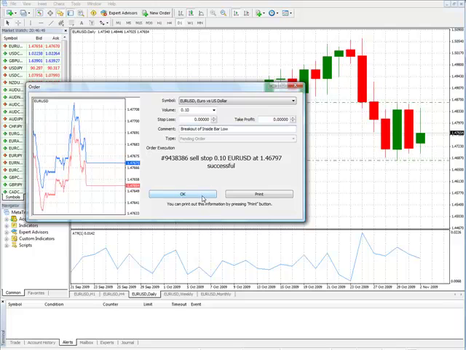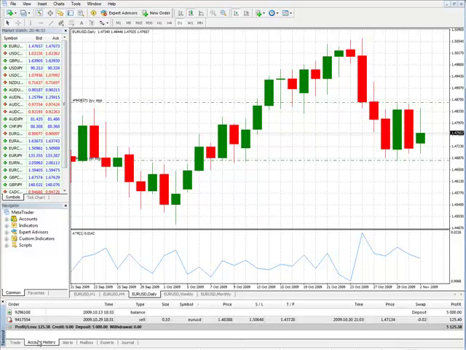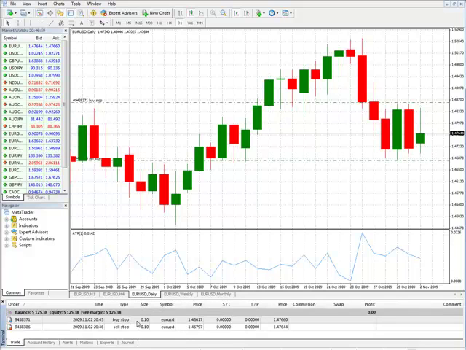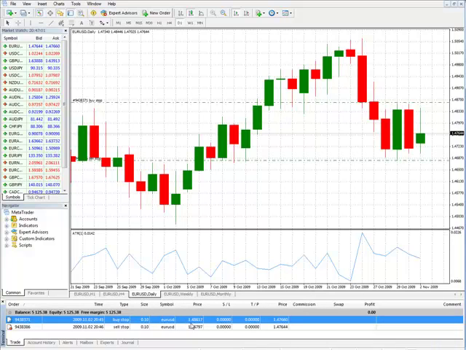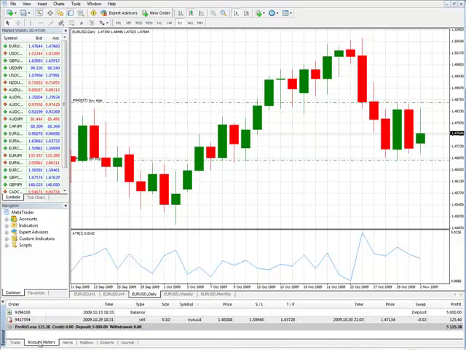I'm not sure if they'll let us go through here, because I'd like to label the buy stop. Okay, no, it's fine. There we are.